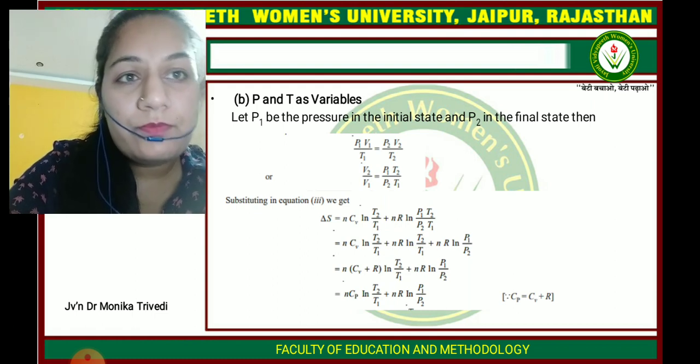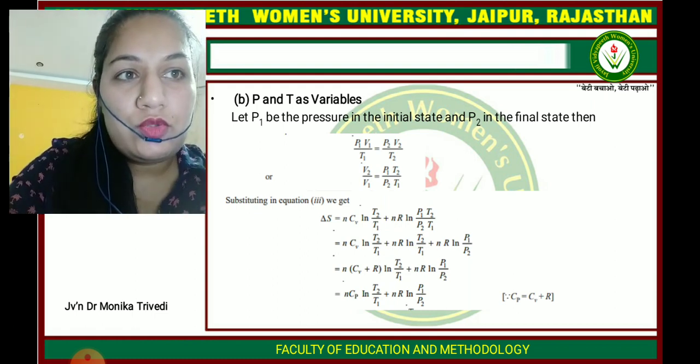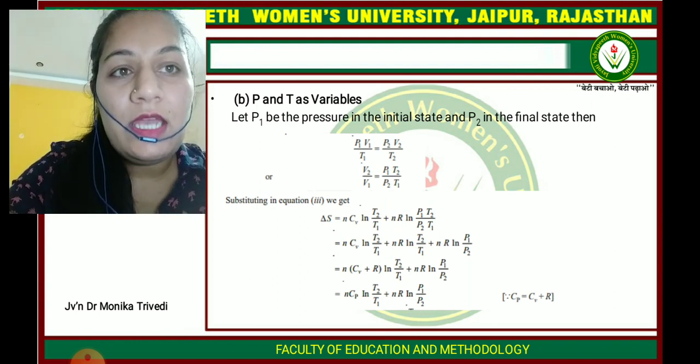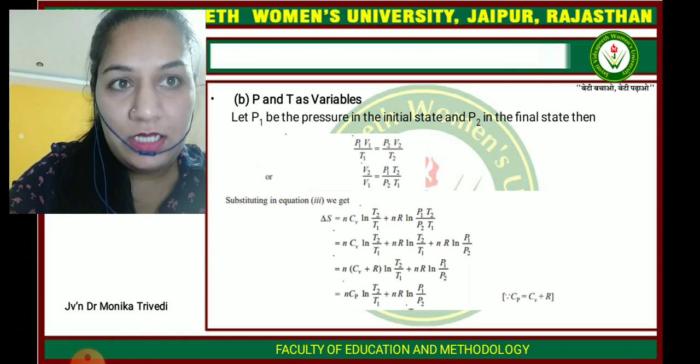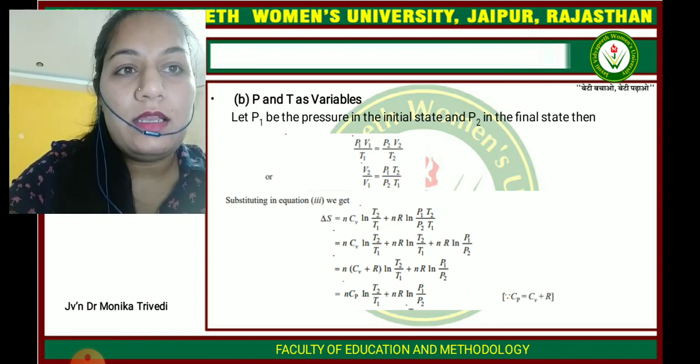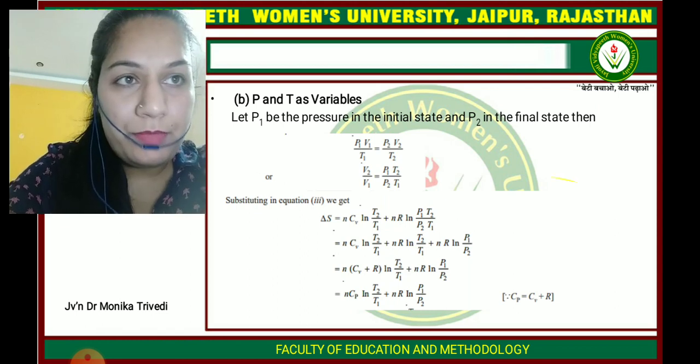So as you know, Cp = Cv + R. If we put the value of Cv + R here, we can put Cp. So n Cp ln(T2/T1) + nR ln(P1/P2).